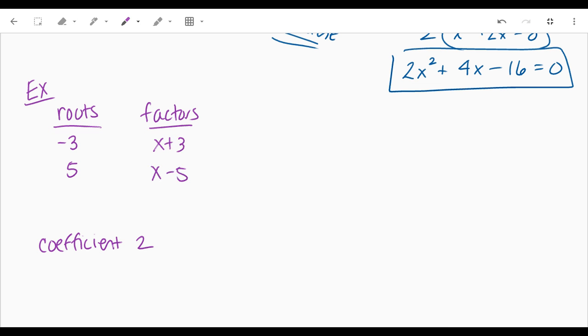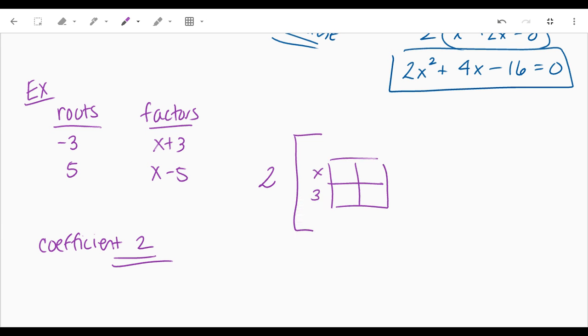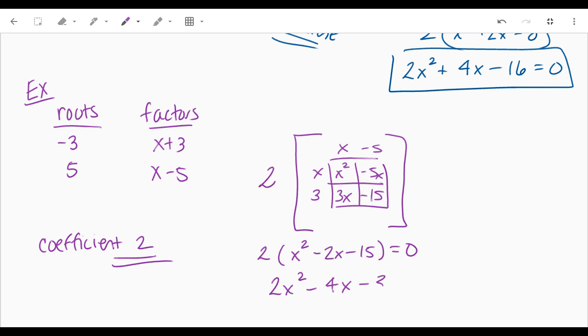So we're going to do 2, because of the coefficient, times our big area model, x plus 3, x minus 5. Okay, so x squared, negative 5x, 3x, negative 15. So we'll have 2 times x squared minus 2x minus 15. So 2x squared minus 4x minus 30 equals 0.